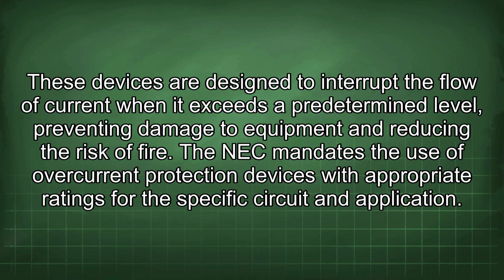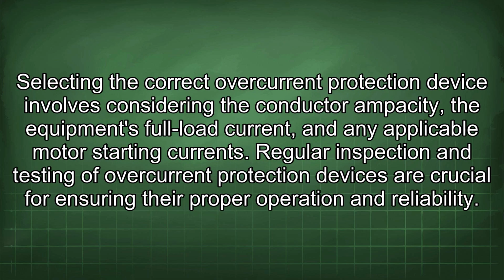The NEC mandates the use of overcurrent protection devices with appropriate ratings for the specific circuit and application. Selecting the correct overcurrent protection device involves considering the conductor ampacity, the equipment's full load current, and any applicable motor starting currents. Regular inspection and testing of overcurrent protection devices are crucial for ensuring their proper operation and reliability.